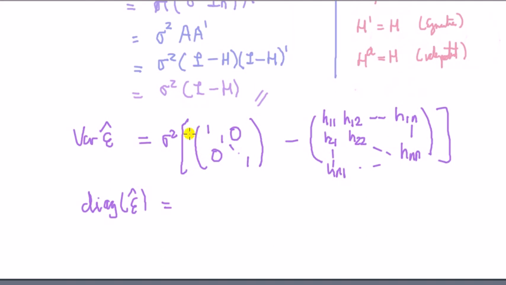So what we can see, if we use the diagonal here, which will be equal to the variances, it's going to be sigma squared (1 minus h11) for the first one, and that will correspond to the variance of the first residual.